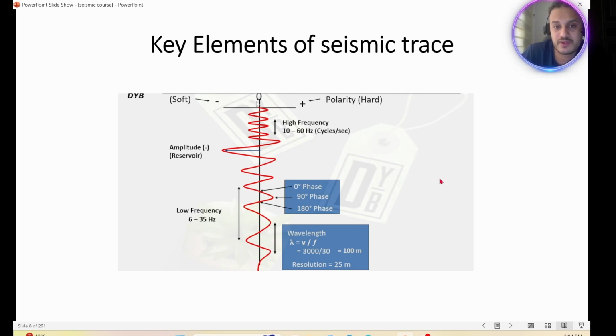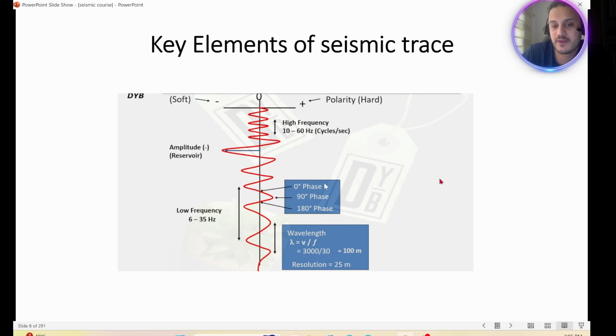So we have this is the 0, anything from the right is called polarity, this is positive, hard rock, and anything from the left, this is minus, it is for soft rock. We have high frequency, this is the cycles per second. We have very high cycles per second, this is for high frequency. And we have low frequency, the cycles per second is very low and wide, so this is low frequency.